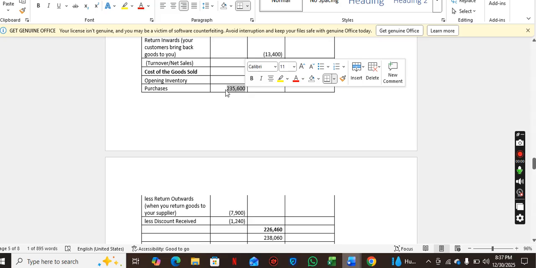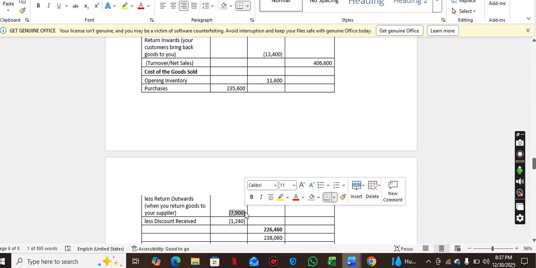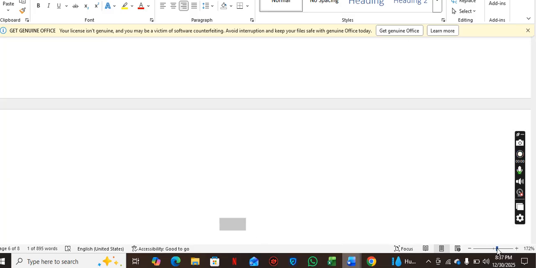So we can't just leave it as 235,600. We returned goods worth 7,900, so this purchases expense has to reduce. Yes, you subtract. Then we also received a discount of 1,240. So again, our purchases expense has to reduce.